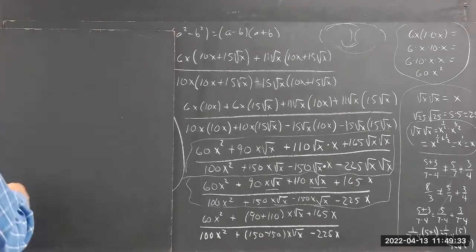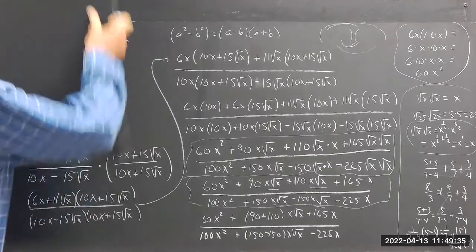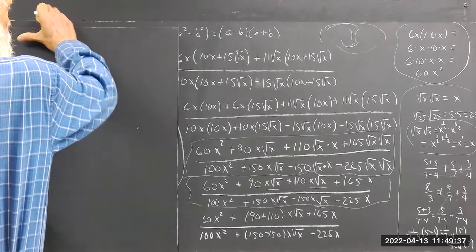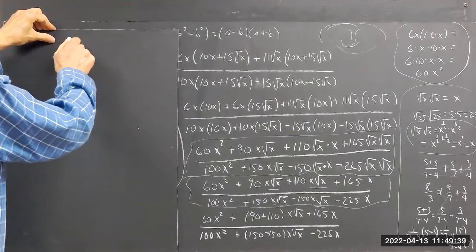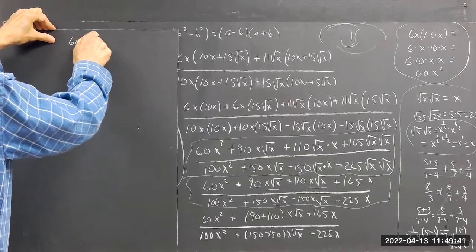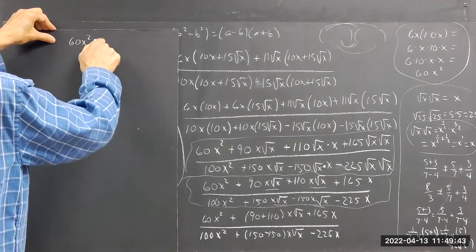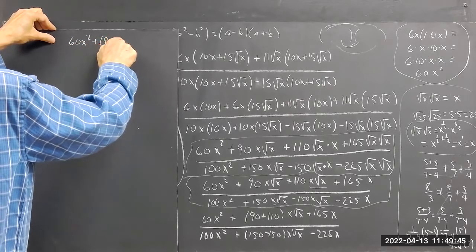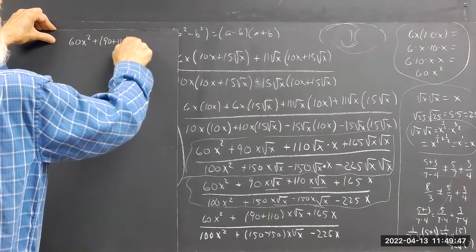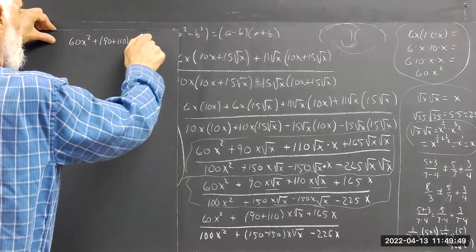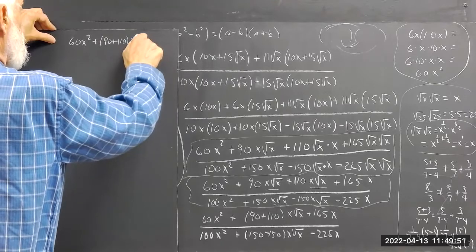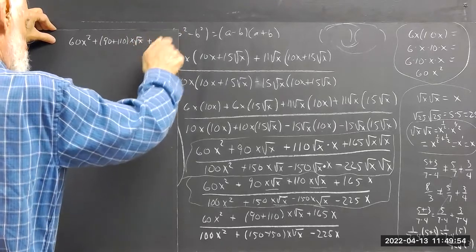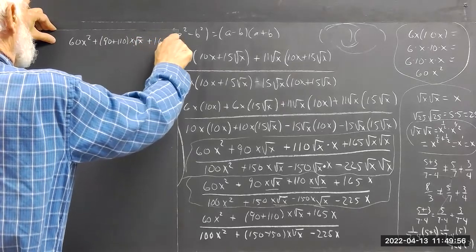Okay, so we've got 60x squared plus 90 plus 110x, I'm just rewriting what I've got there, x square root of x plus 165x.